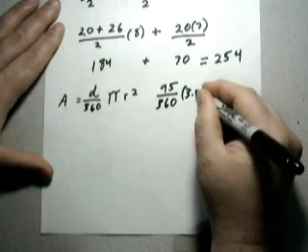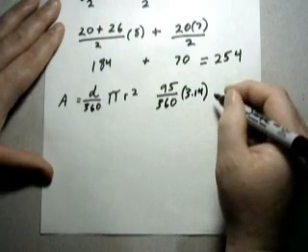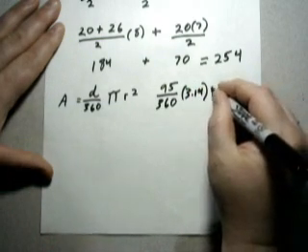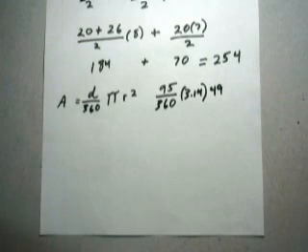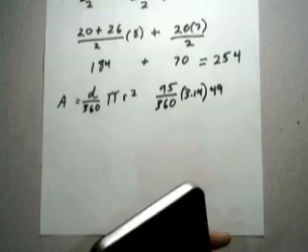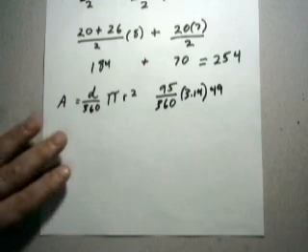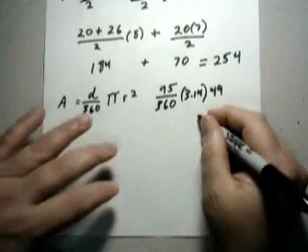times 3.14 times the radius squared is 49. So let's see here. 95 over 360 times that by 3.14 times 49. 40.6.